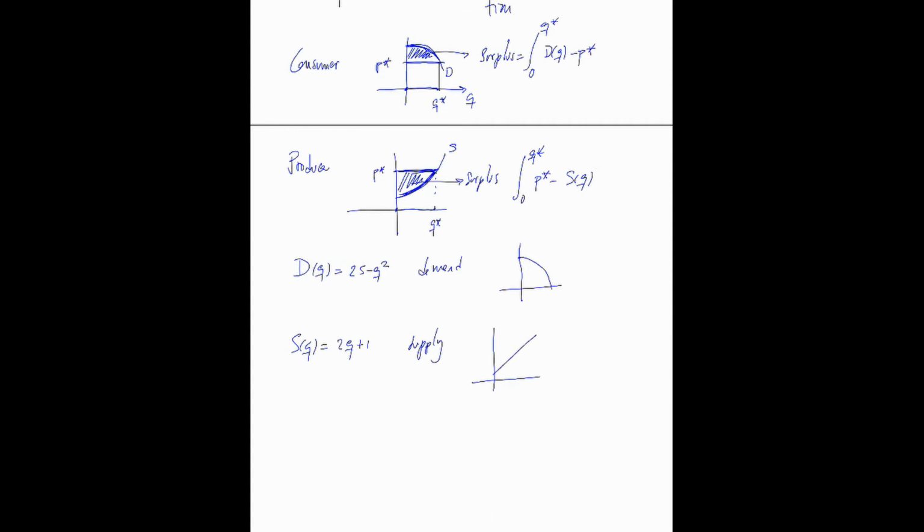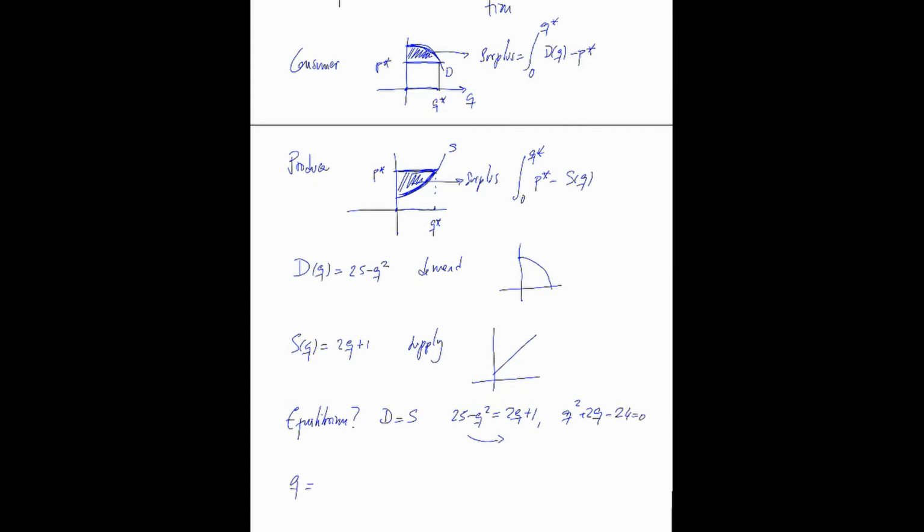So first of all, where is the equilibrium point? Equilibrium is reached when the demand is equal to supply: 25 minus Q squared equals 2Q plus 1. Moving everything to the left side, we have Q squared plus 2Q minus 24 equals 0.